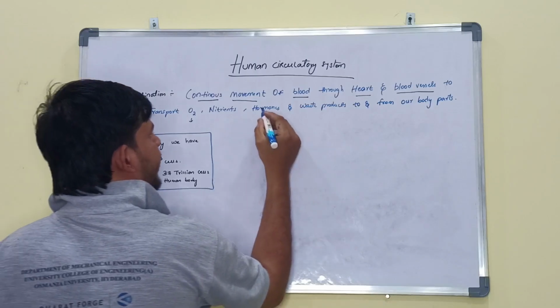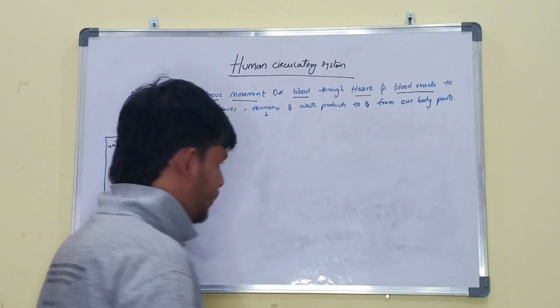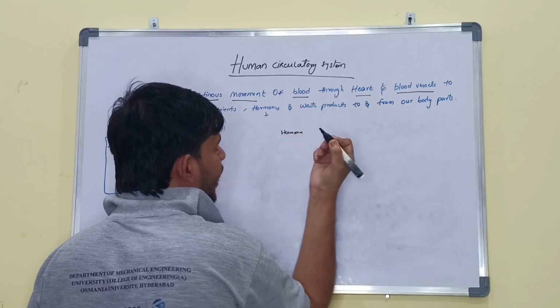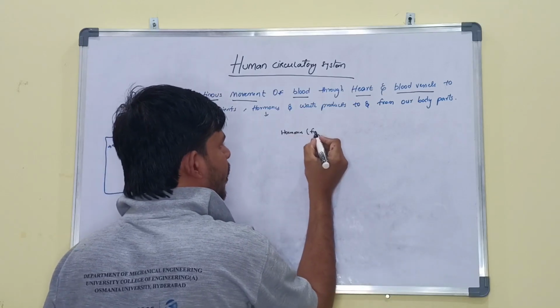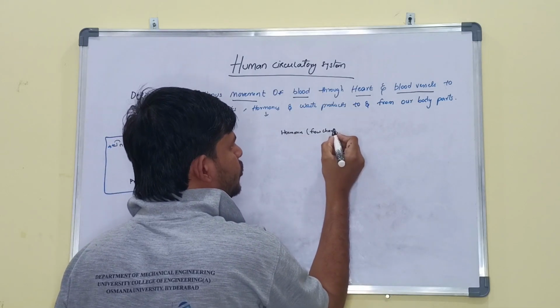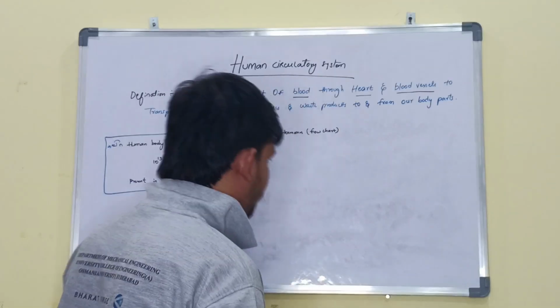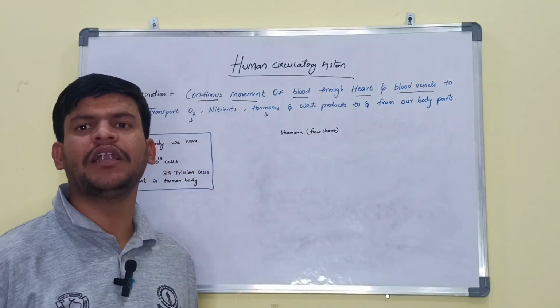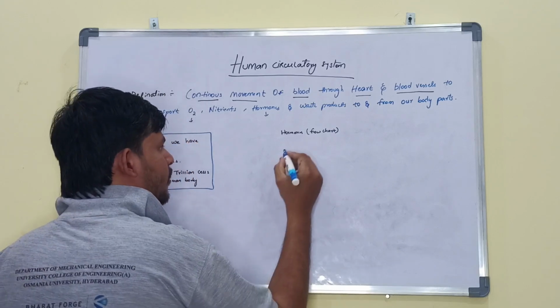Let's go ahead with hormones. How hormones are transported with the help of blood. As we know, hormones are secreted by a gland called endocrine gland.